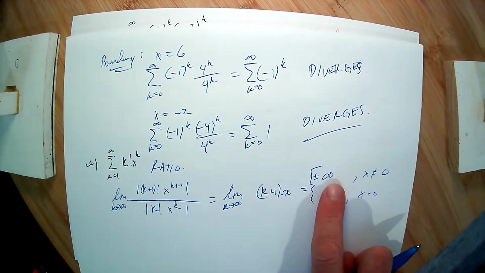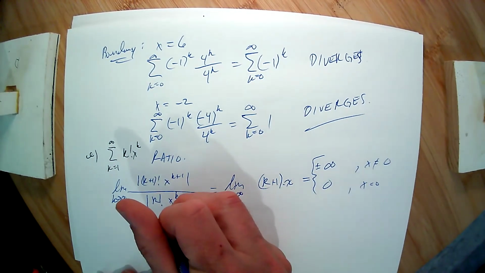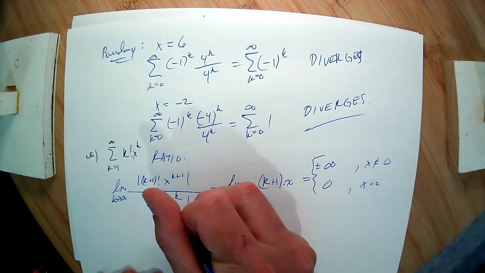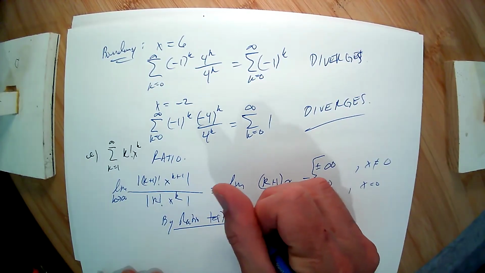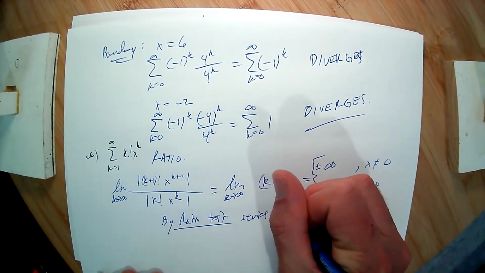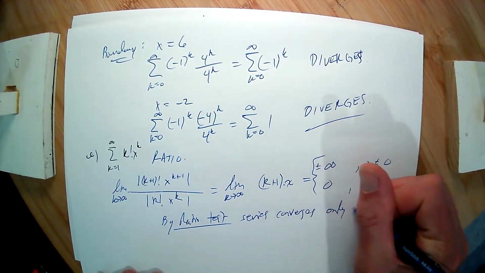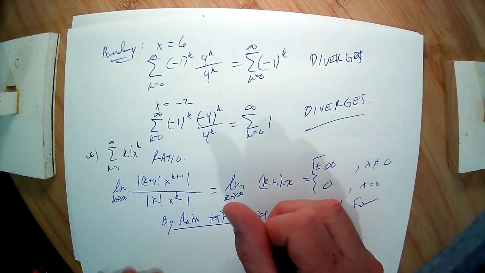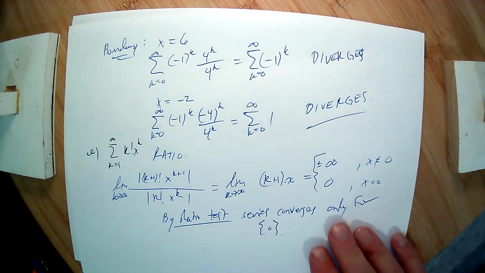Otherwise, rho is greater than 1 or doesn't exist, okay? So basically, by the ratio test, the series converges only for x equals 0. Everywhere else it diverges.